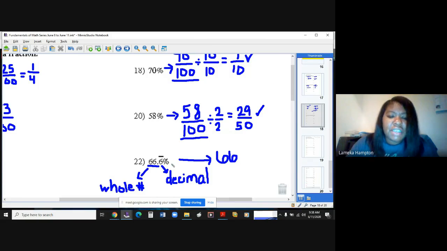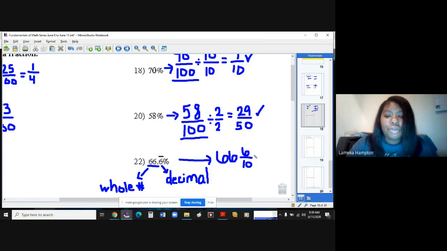The 6 is represented in the tenths place. So when I write this as a fraction, I'm going to have 6 over 10, because when I read this decimal, it is read as 66 and 6/10. So again, 66 is my whole number and 6 over 10 is my fraction.